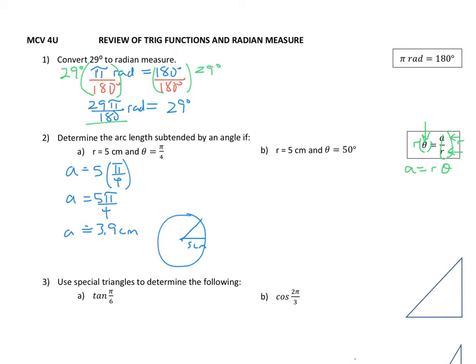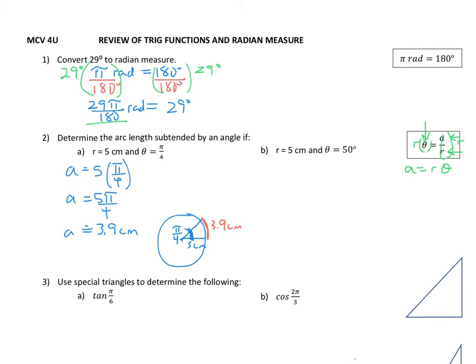It means the length right here would be 3.9 centimeters, based on the fact that the arc subtended by that angle is pi over 4. So the pi over 4 is this central angle right there.